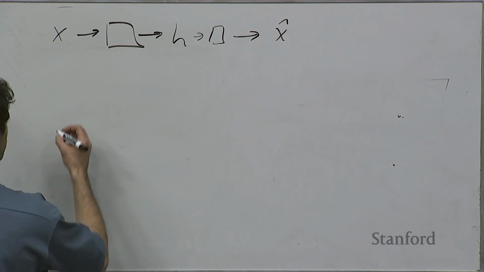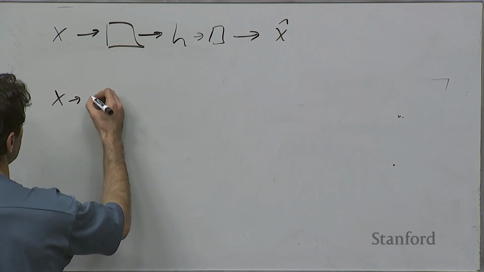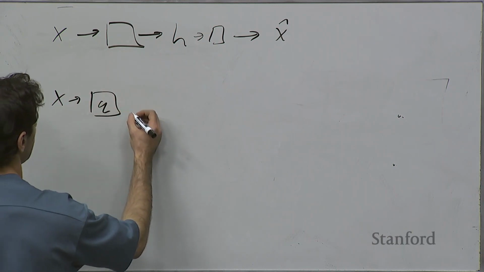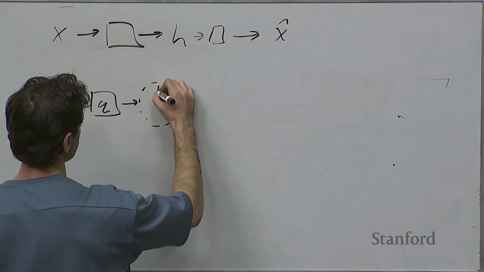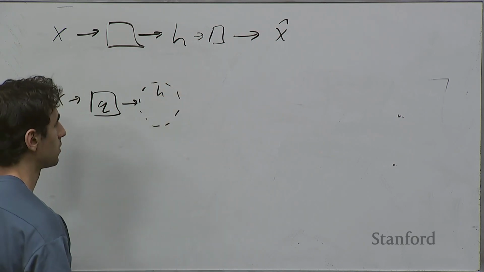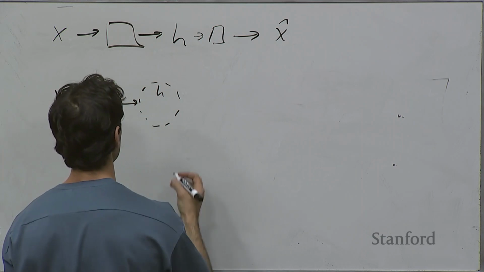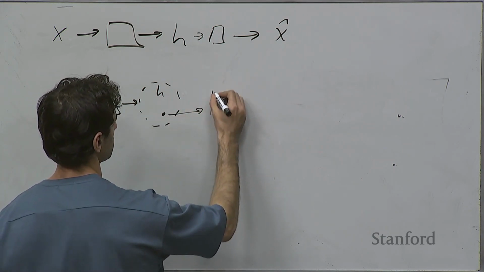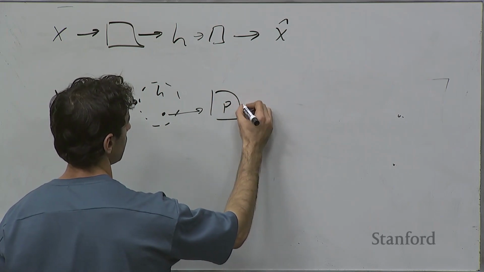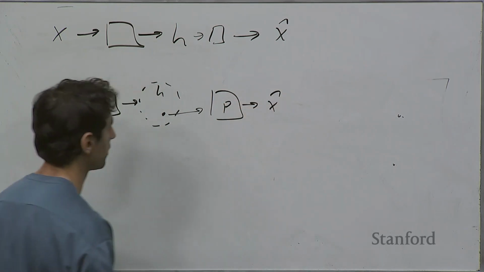Whereas a variational autoencoder is going to take my input and map that into a distribution over possible h's. And then I'm going to sample from this distribution, pass that through my decoder, and produce my reconstructed input.